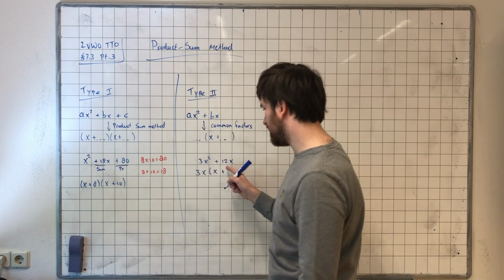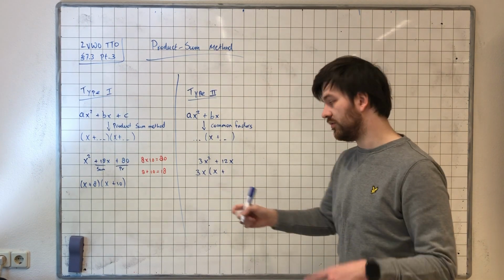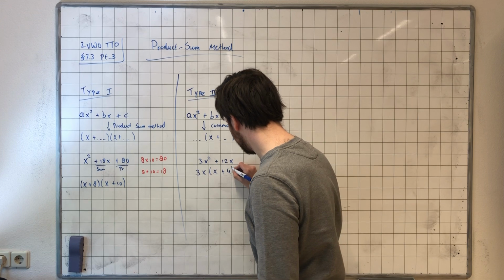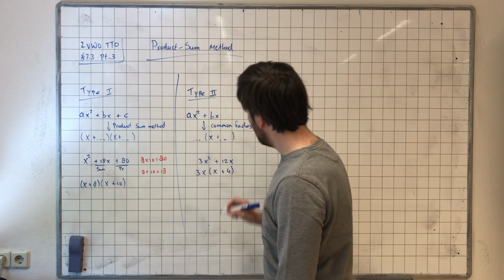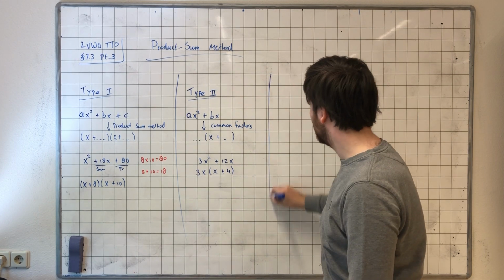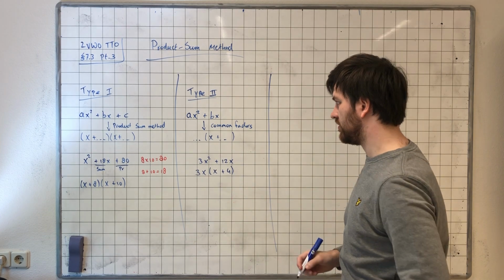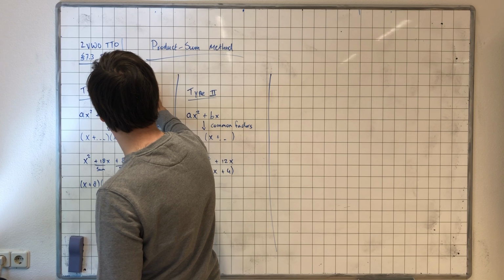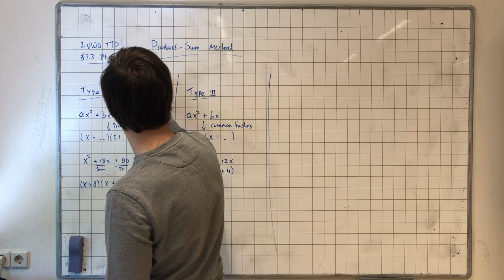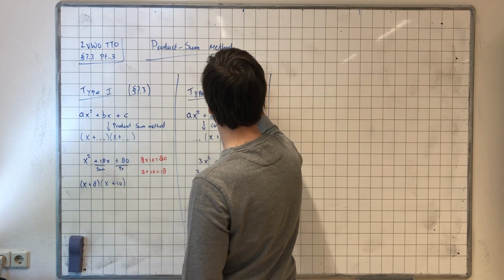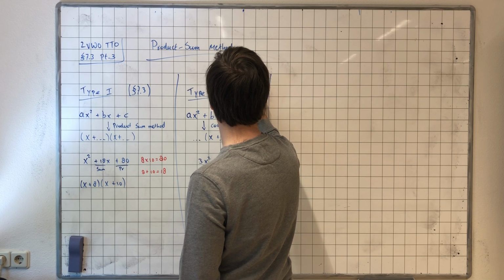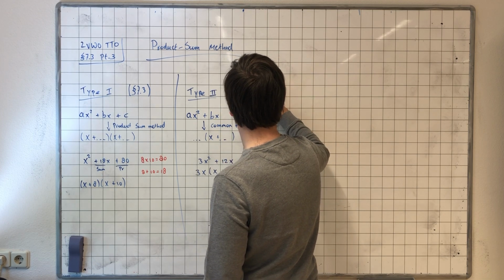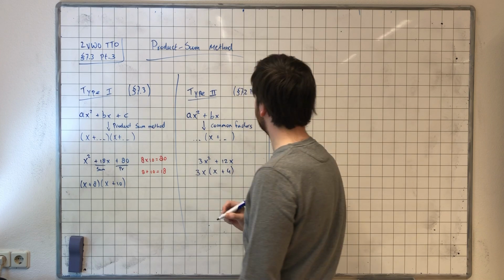And if we want to get 12x, we have to multiply 3x with 4. Okay, that's type 2. And this is basically paragraph 7.2, part 1, 2.